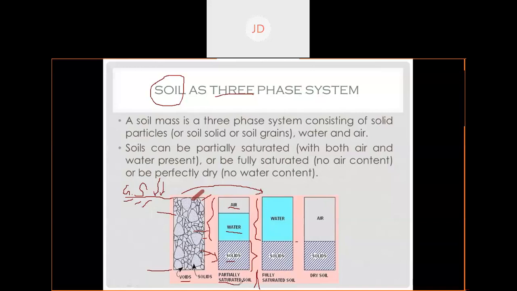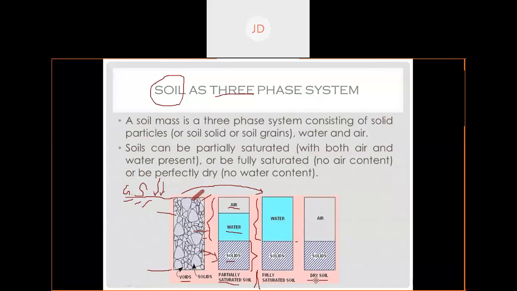Now let's take the example of the dry season. Suppose there is no water. So what will happen? Whatever water was present in the previous condition may be evaporated, and all the voids, the vacant place, will be filled with what? Air. Since water is not there, that space must be taken up by air only. So in this scenario, this type of soil is known as dry soil.